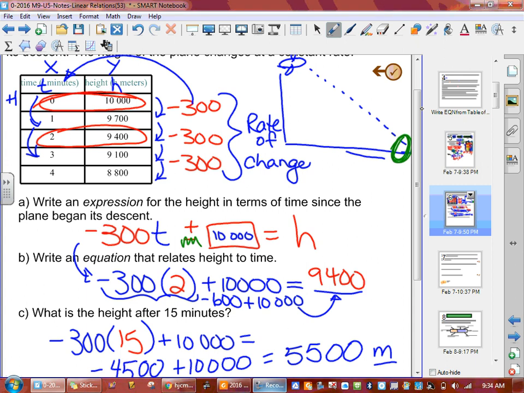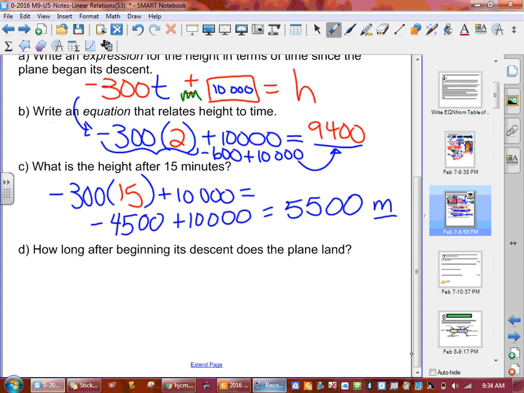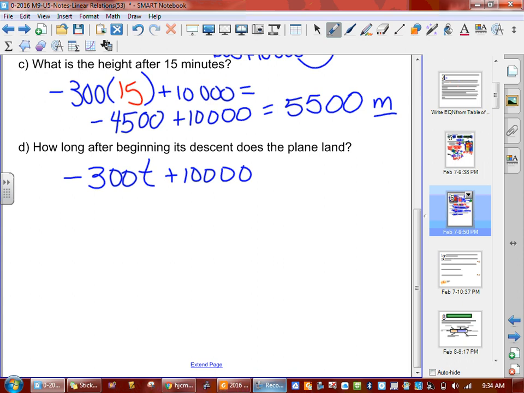So if the ground level is a 0 for height, we can easily find out how long it takes. We put 0 for height. So we're going to create our equation, only now we know that the H number is 0. So we've got negative 300t plus 10,000 equals 0 for height. And now we're going to solve for how long it takes for it to land, because we're solving for t, time.